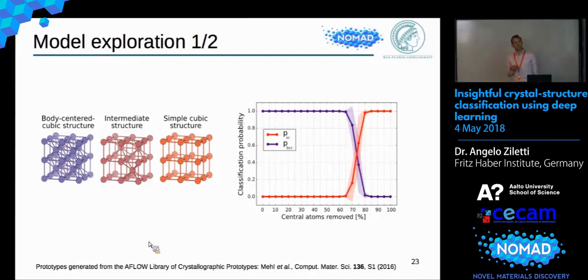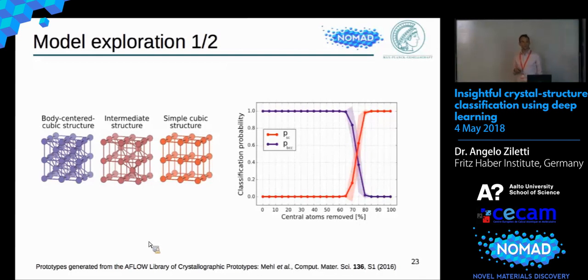We want to see, since the representation is continuous, whether the neural network is able to interpolate. We do that, and here you have the central atoms being removed. 0% of central atoms removed is BCC, and 100% is simple cubic. We only trained on these end parts.